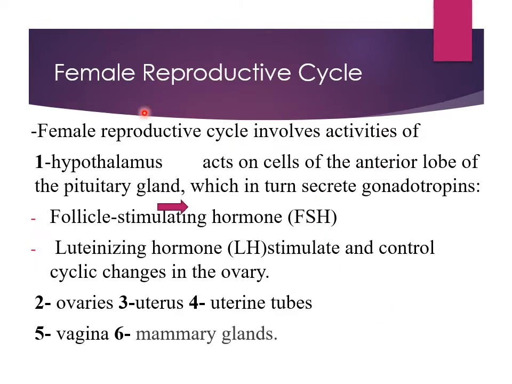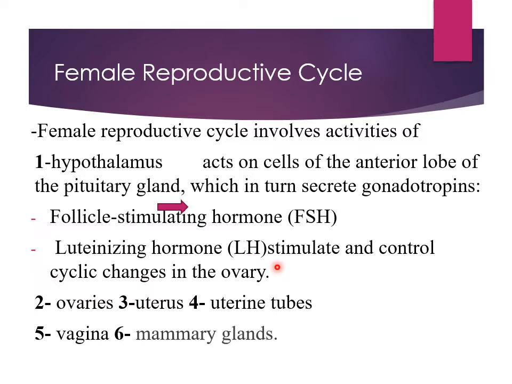The female reproductive cycle involves activities of the hypothalamus, ovaries, uterus, uterine tubes, vagina, and mammary glands. The hypothalamus acts on cells of the anterior lobe of the pituitary gland, which in turn secretes follicle stimulating hormone and luteinizing hormone.